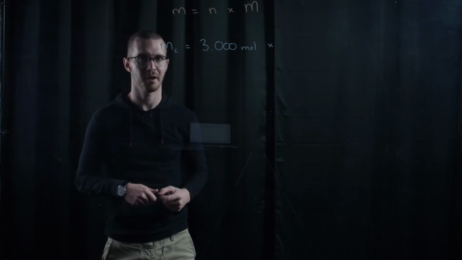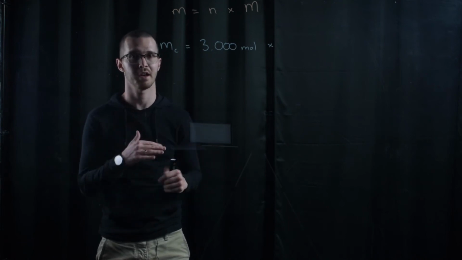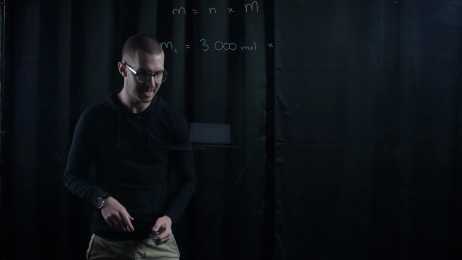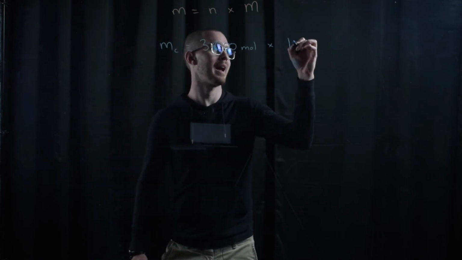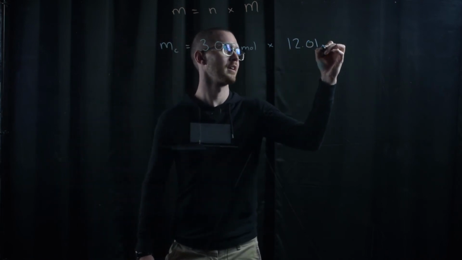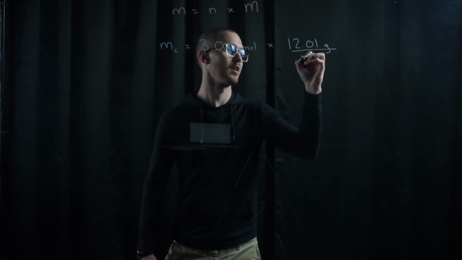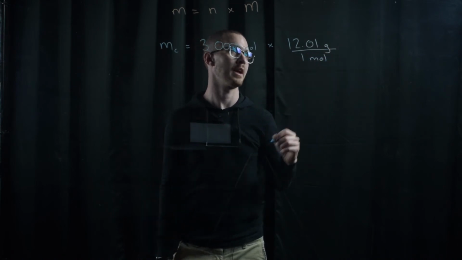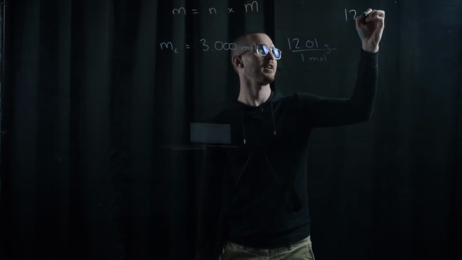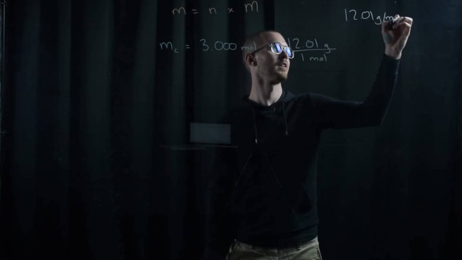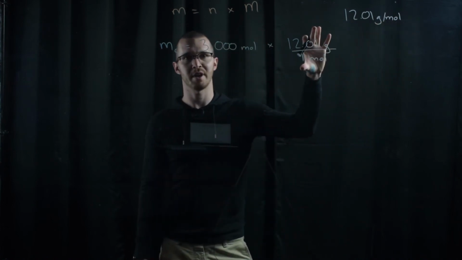Now the molar mass of carbon, we can just take a look at the periodic table, and we find that the molar mass is 12.01 grams per 1 mole. Now typically we write it as 12.01 grams per mole, but this is the same way of writing it.